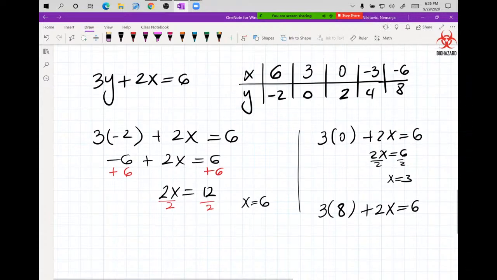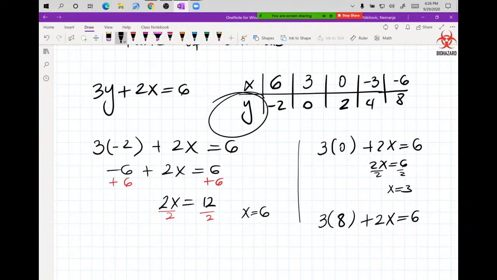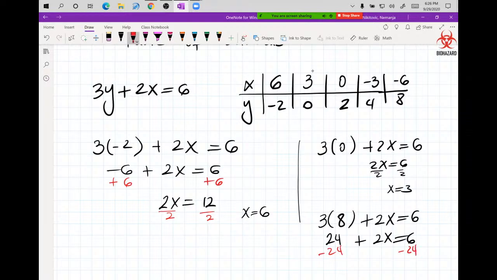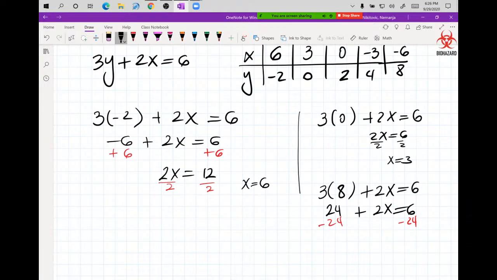I was supposed to plug in the y value. See, the y value is 8. And the result I get is supposed to be negative 6. Okay, so that's 24 plus 2x equals 6. Then we take away 24 on both sides. And we get 2x equals negative 18.